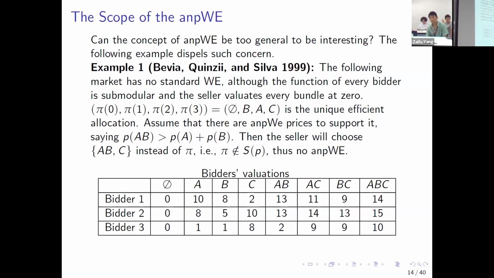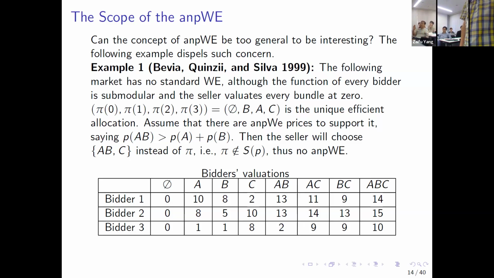This is the unique efficient allocation. Because there's no standard variation equilibrium, you may ask whether there are any anonymous nonlinear variation prices to support this. Question: if goods are substitutes, a variation equilibrium should exist.